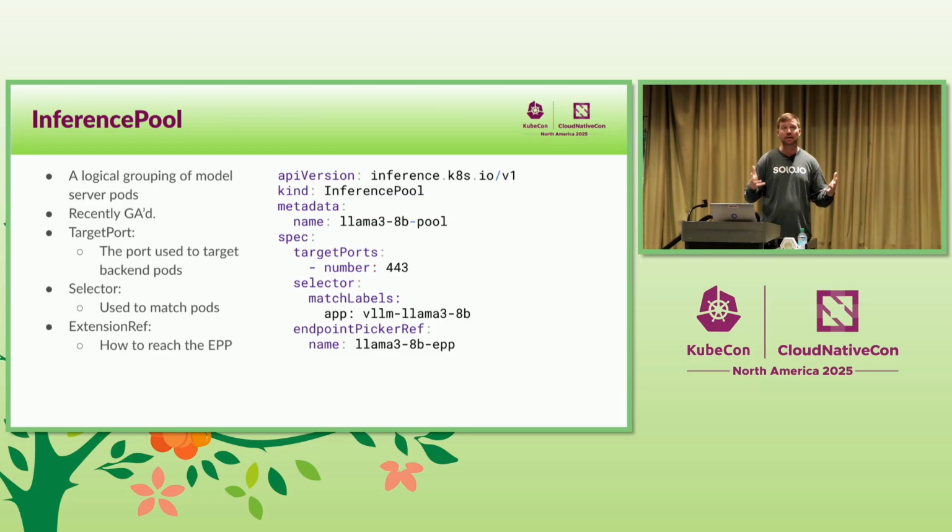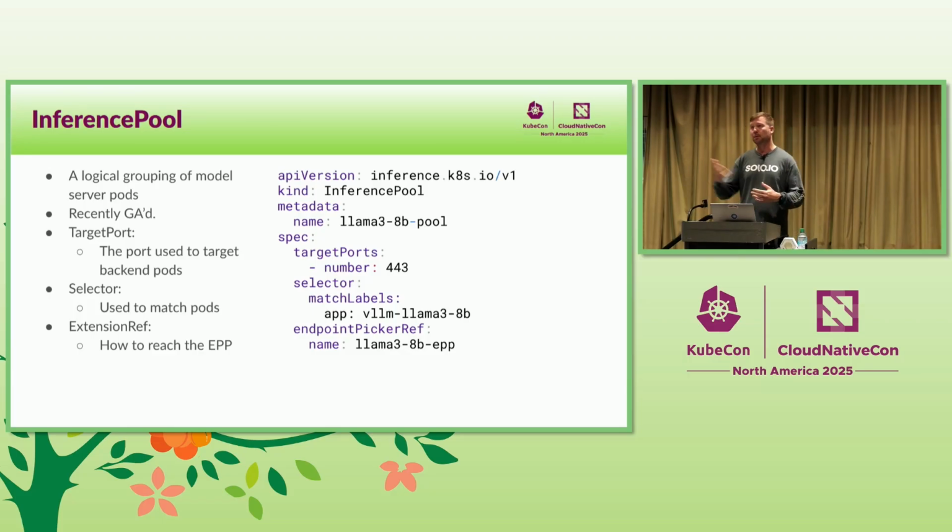And just to call out, inference pool, as of the 1.0 release about 2 months ago, GA'd. So we've put a lot of time into making sure that this API is stable so it can be used with confidence. And we purposely made sure that when we created the inference pool API, it was very minimal so that we wouldn't introduce breaking changes and that we can adapt it over time based on future use cases.